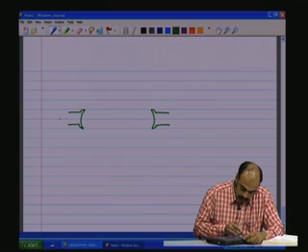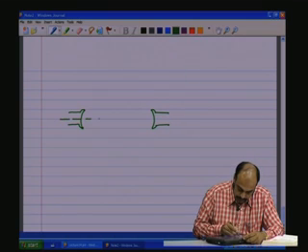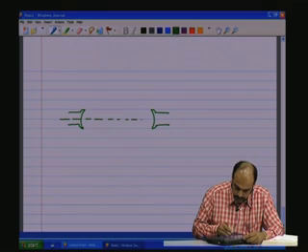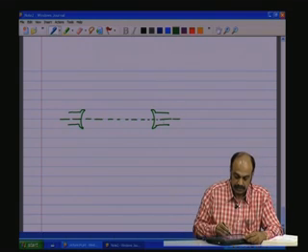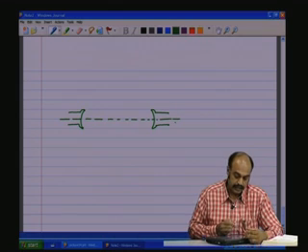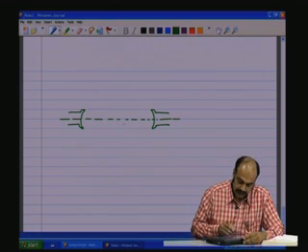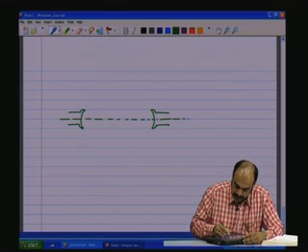So, let me call this as one axis. Let us say this is the horizontal axis. This pole set is at 0 degrees with respect to the reference axis. So, this is the reference axis in space. Okay, this is spatial.